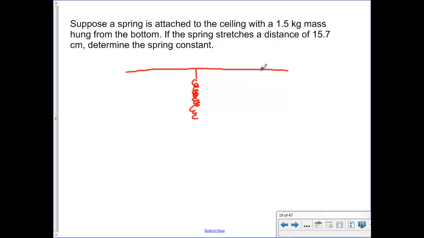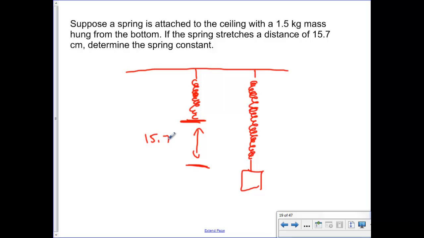What I care about is after I put the weight on it, it's obviously going to stretch a further distance with that weight. And so what I care about is the actual further distance this thing stretches. Does that make sense? So in terms of this picture, this thing went 15.7 centimeters. And this mass right here was 1.5 kilograms.